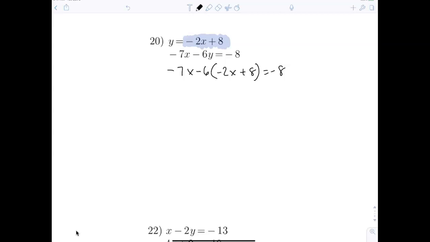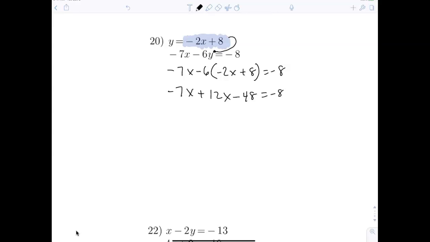Any questions with that? Distributing: negative 7x plus 12x minus 48 equals negative 8. Whenever it's not in the right order, you do the parentheses thing. All I did was substitute that in for y.